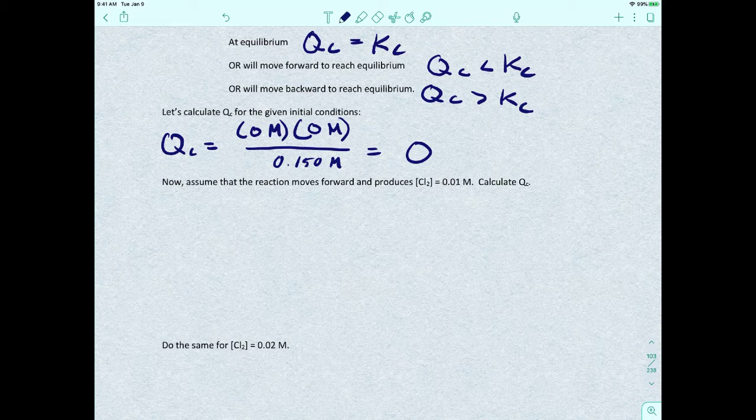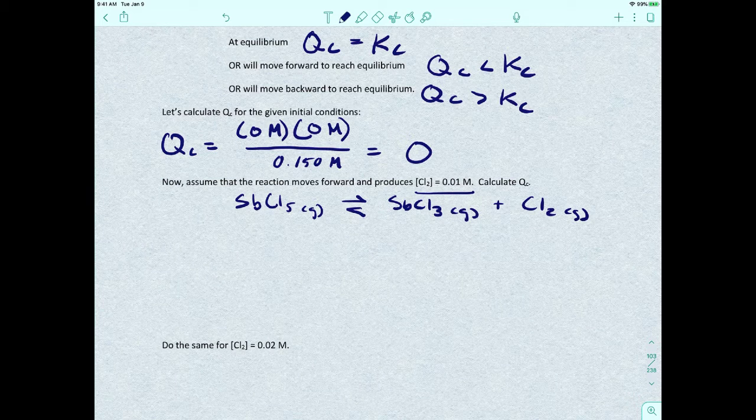Now let's assume the reaction moves forward and produces a concentration of Cl2 of 0.01 molar. What is Qc? I'm going to set this up as a table. At the top I write the reaction: SbCl5 is in equilibrium with SbCl3 plus Cl2. Right underneath, I put one row for the initial concentrations.